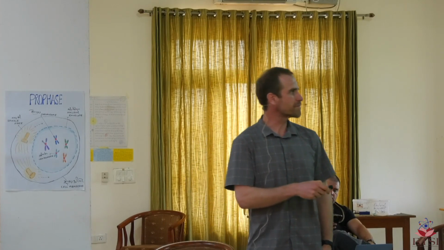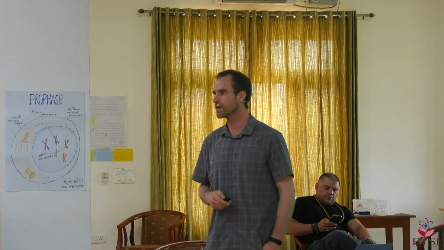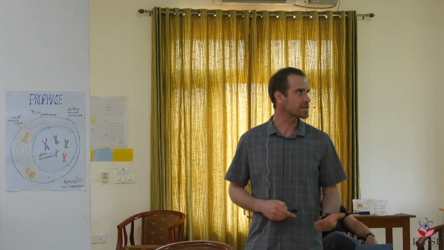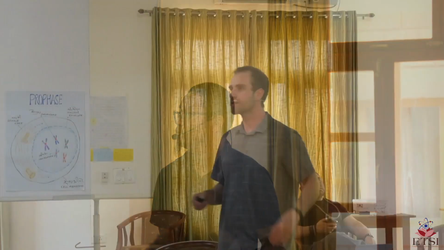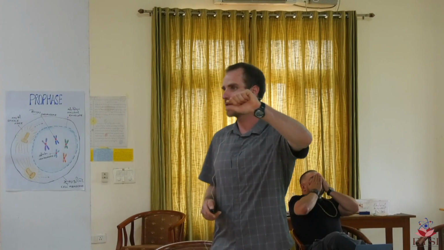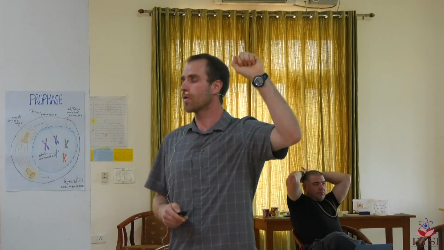So, let's go over the difference between prokaryotic cells and eukaryotic cells in a little bit more detail. First, let's talk about the ways that they are similar, and then we'll talk about the ways that they are different.